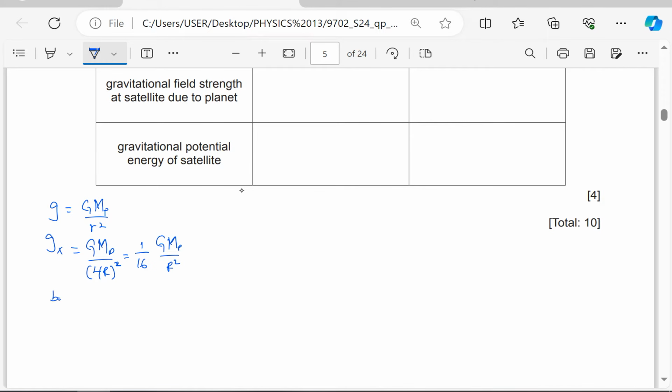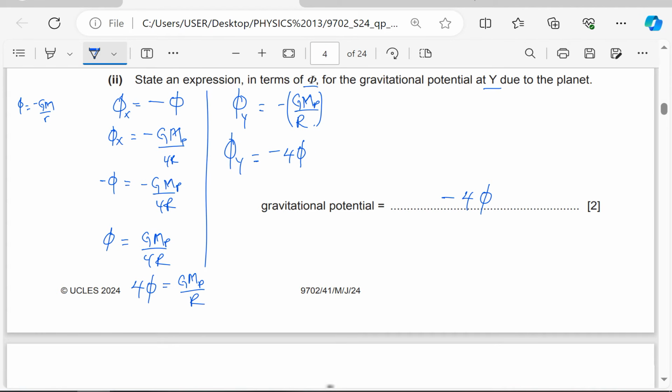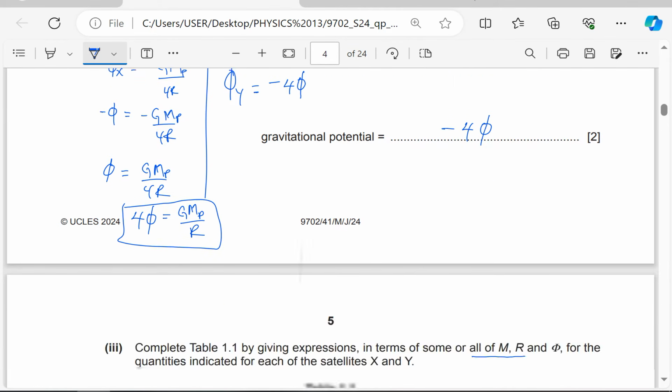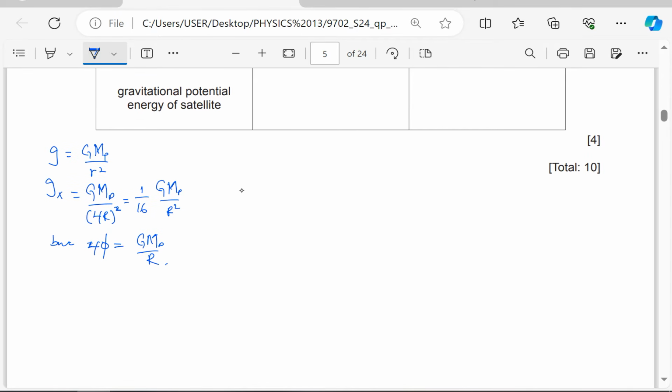But remember, we have already seen in the previous part of the equation that 4 phi is the same as GMp over r. So I'll just substitute for that. So the 1 over r remains. It means g at position x is going to be 1 over 16 times 1 over r, then times 4 phi.